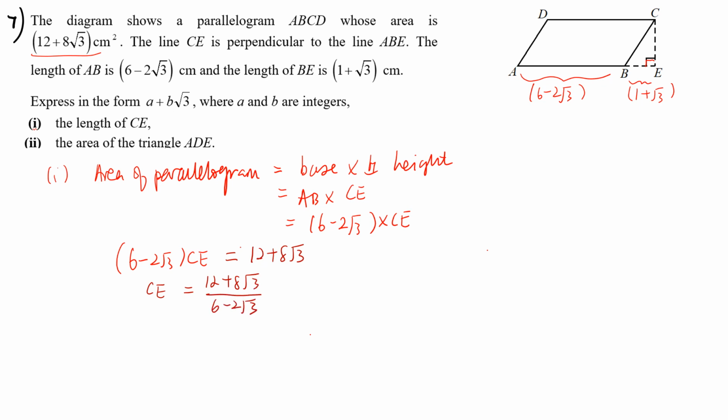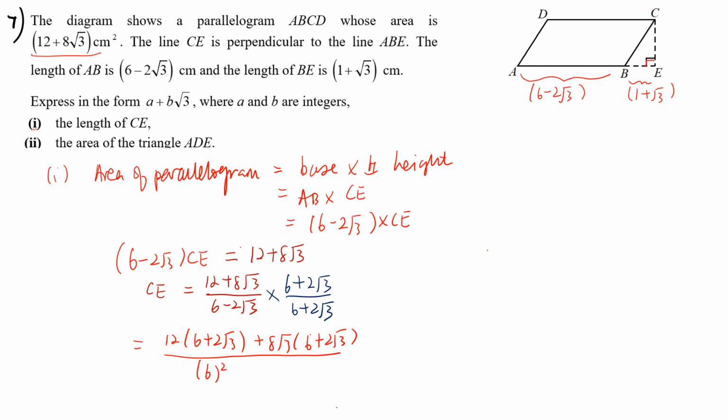Right, so what is the next thing we do? Yes, it is all about rationalization, right? So we rationalize it with the conjugate surd. And that will give you 12 times 6 plus 2 square root 3 plus 8 square root 3 times 6 plus 2 square root 3 over 6 squared minus 2 square root 3 squared.